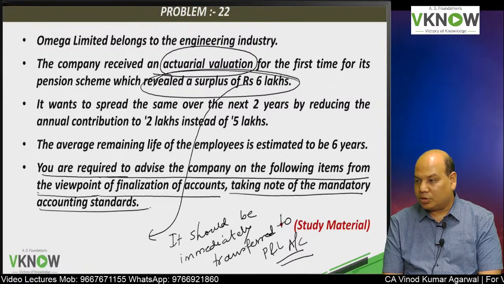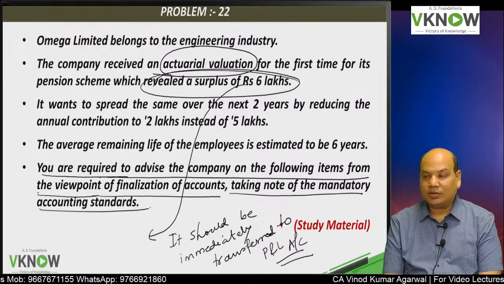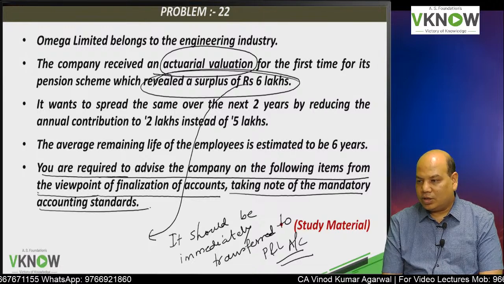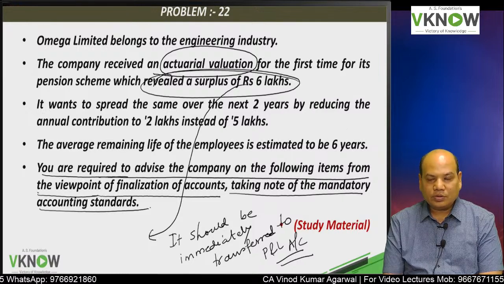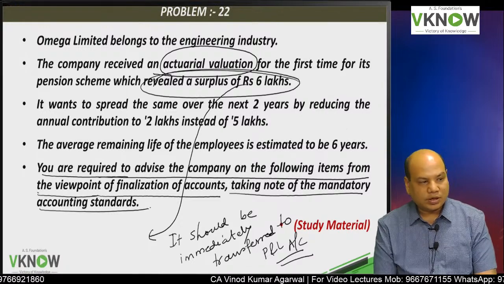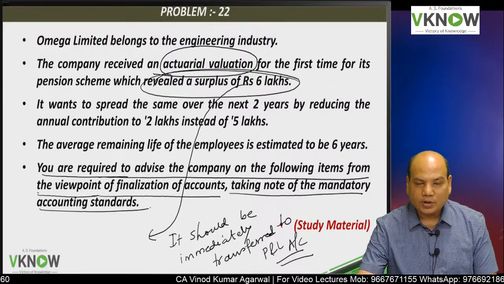The company's policy to spread it over the next 2 years is not justified. Okay, as per AS 15, any actuarial gain or any actuarial loss will be immediately recognized in profit and loss account. Is it right? So today we'll stop here. Thank you very much.